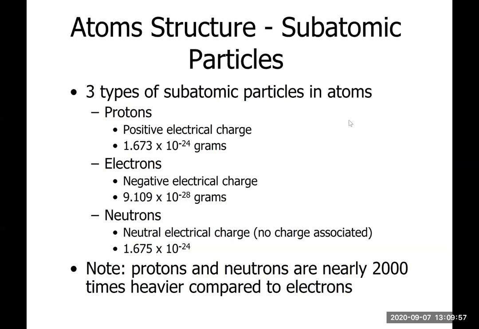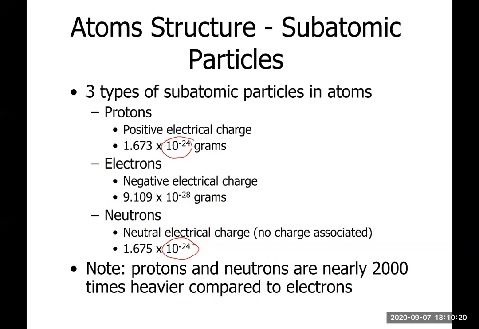The protons, you notice, have this 10 to the minus 24 grams, and also neutrons 10 to the minus 24 grams. 1.673 and the decimal places go on for a proton, and 1.675. So these masses are very, very similar to one another.